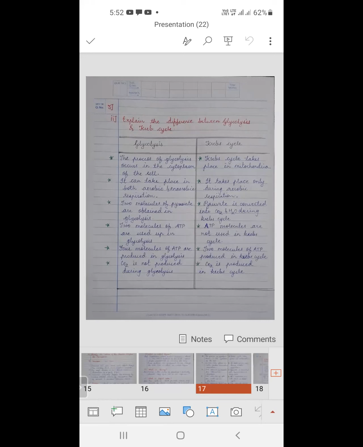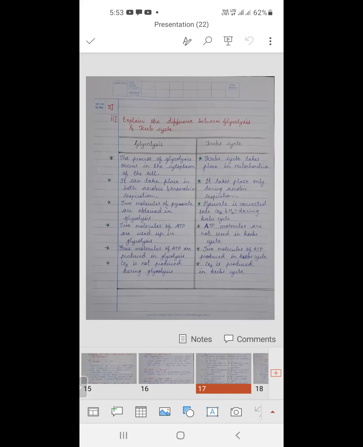And you have to write points relevant to each. If you write 1 point in one column, for glycolysis, that relevant point should be given in the second column, that is Krebs cycle. So the points must be relevant. So the first point, that is, the process of glycolysis occurs in the cytoplasm of the cell.